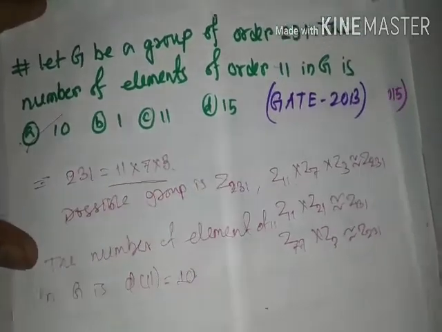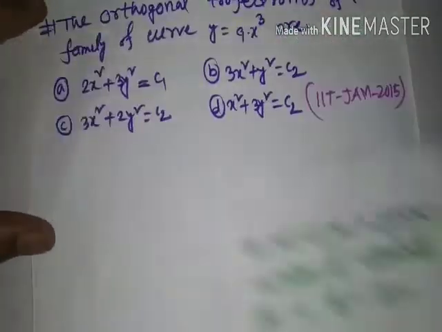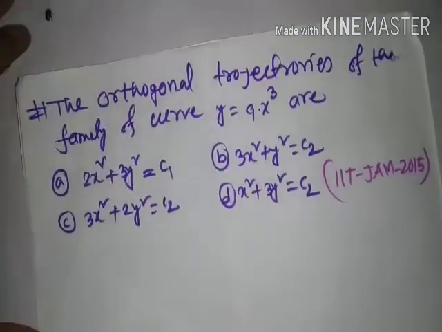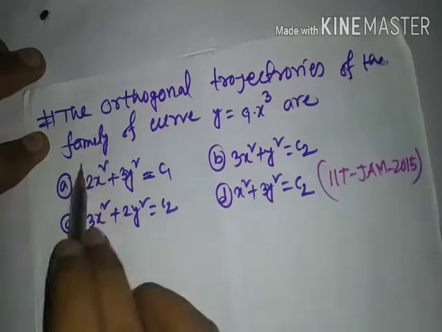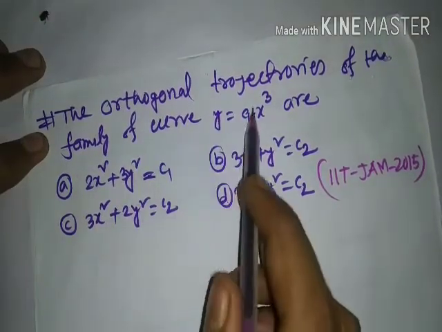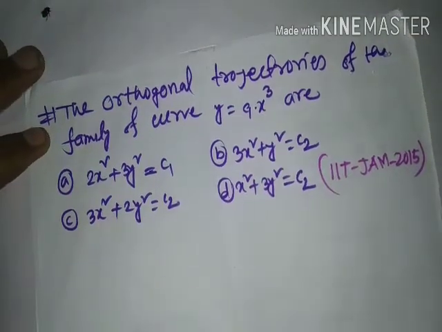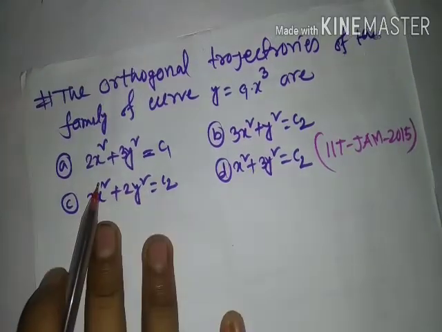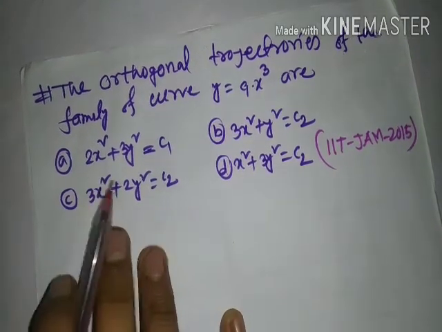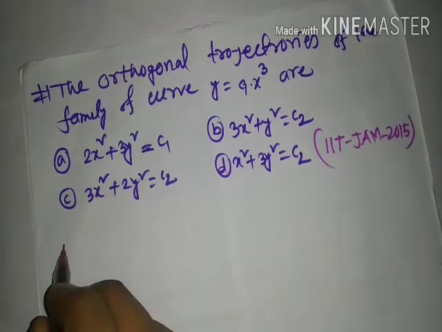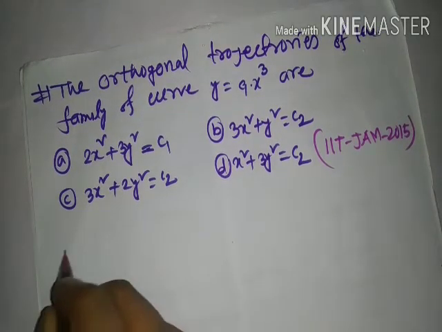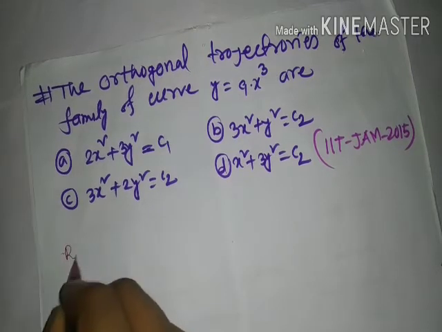So next is the question. The orthogonal trajectory of the family of curves y equal to c1 x cube. Actually if we apply the original procedure, you can solve it, but here we use a trick. What is the trick?